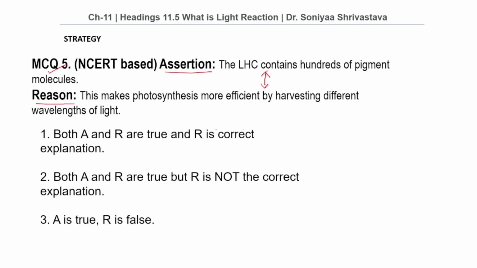So before coming to the options, let's first see what the assertion is. That LHC contains hundreds of pigment molecules. Is it true? Yes, it's true that the light harvesting complex consists of hundreds of pigment molecules bound to the protein. So it's true. Now what is the reason given here?